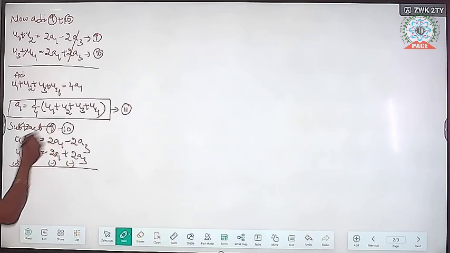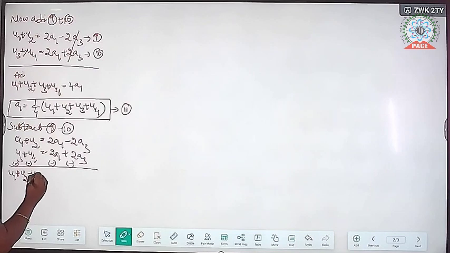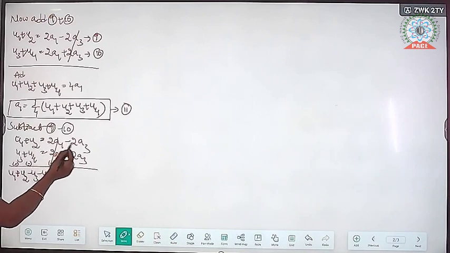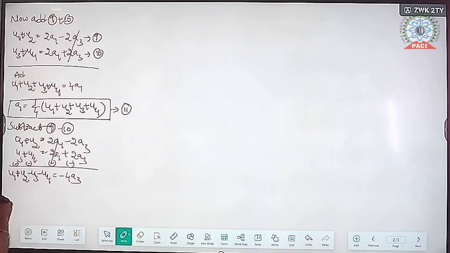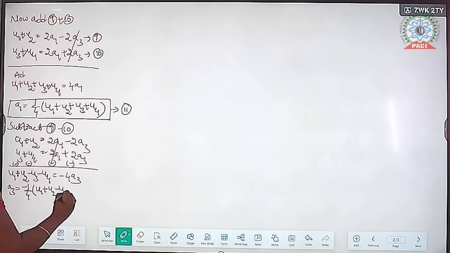Now write the equation: u1 plus u2 minus u3 minus u4 is equal to plus 2a1 minus 2a1 cancel. Next minus 2a3 minus 2a3 means minus 4a3. So a3 is equal to minus 1 by 4 into u1 plus u2 minus u3 minus u4.